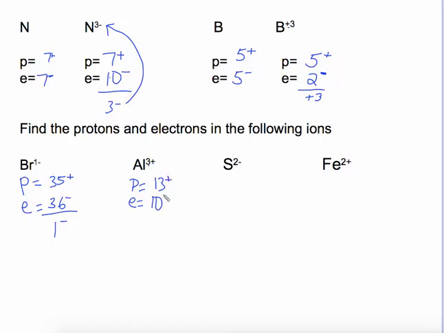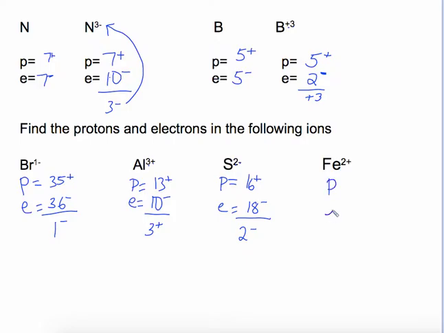So it only has 10 negatives, because the net has to be 3 plus, which matches the ion. Sulfur, protons and electrons. Actually, this is called sulfide when it becomes an ion. But anyway, sulfur has 16 positive charges. It has 2 more negatives than positives, so that's 18. That gives you a net of 2 negative.